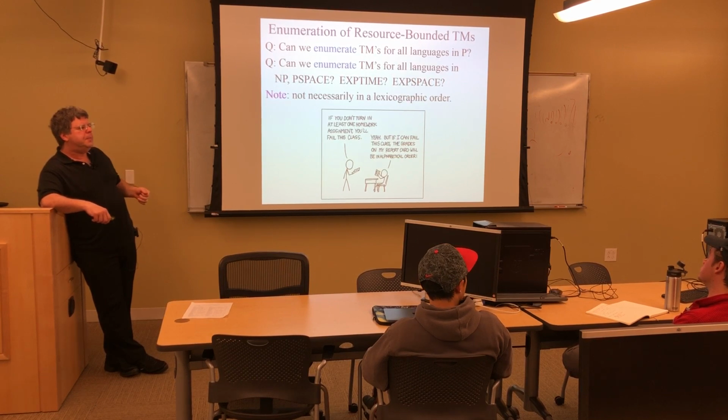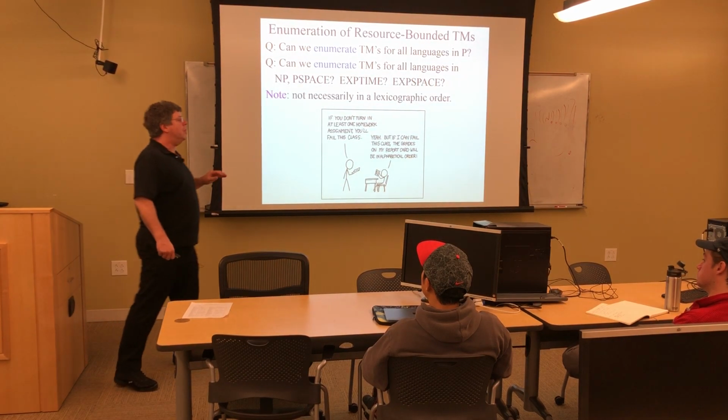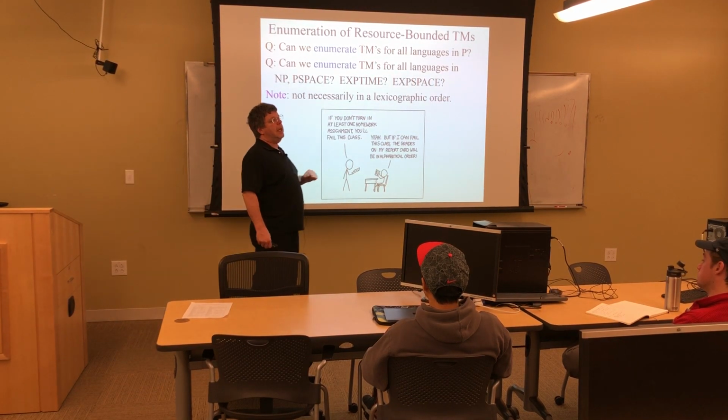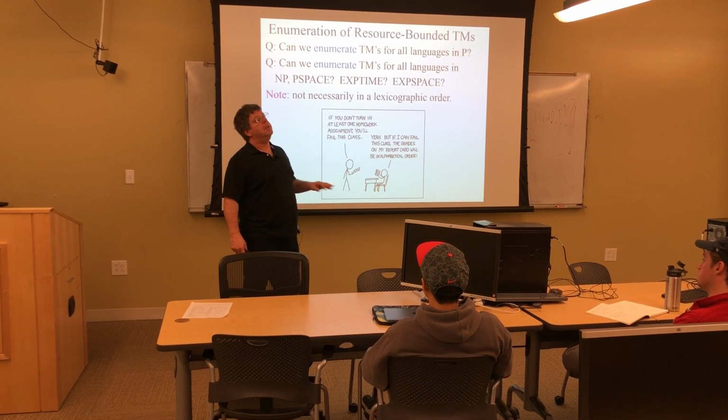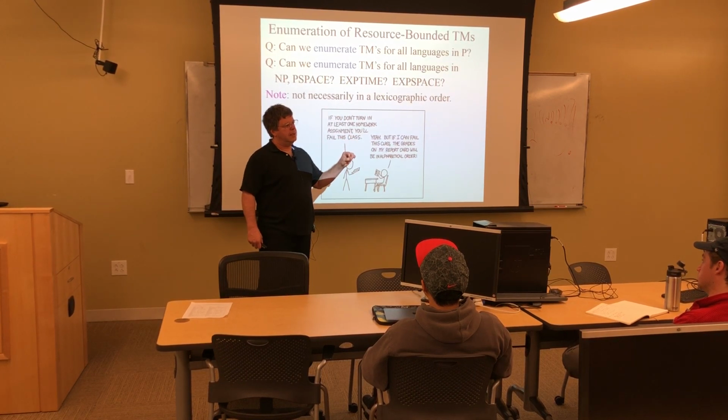Yeah. So the languages in P here, we're talking about decidable languages. So all the languages in P are decidable. In fact, they're more than just decidable. They're decidable in polynomial time. More than that, they're decidable in polynomial time deterministically.